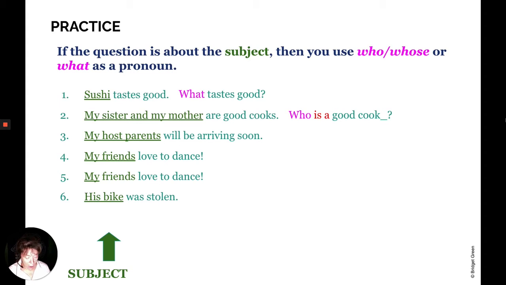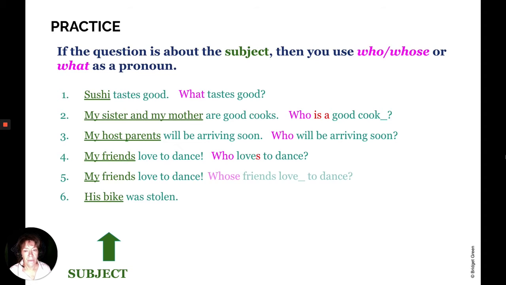Right. My host parents will be arriving soon. What was the question? Let's see. Did you have who will be arriving soon? Good. My friends love to dance. Who loves to dance? Remember, it becomes a singular verb. Good job. My friends love to dance.